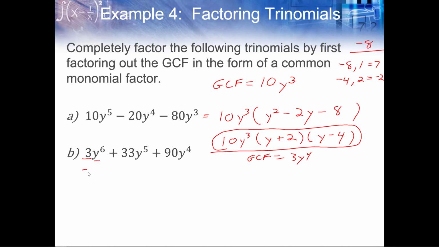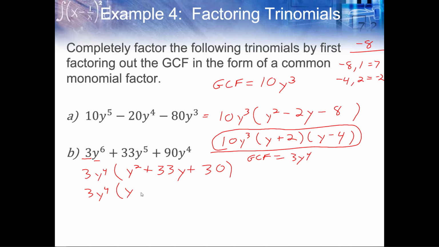When I factor that out, I'm going to have 3y to the fourth times whatever I need to get 3y to the sixth, which would be y squared, plus whatever I need to get 33y to the fifth. Well, 3 times 11 is 33. Y to the fourth times y is y to the fifth, plus whatever I need to get 90y to the fourth. Well, I already have my y to the fourth, so I just need to multiply that by 30. Now notice that I have a plus sign here and a plus sign here.